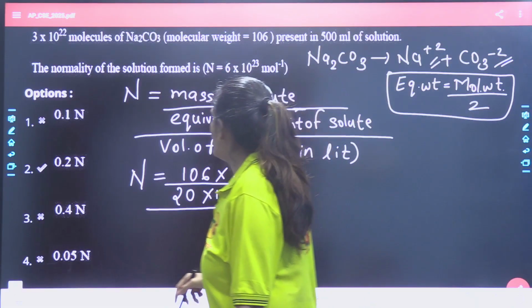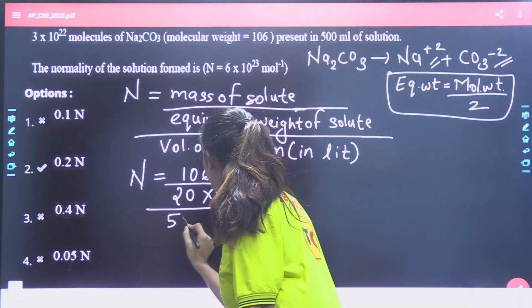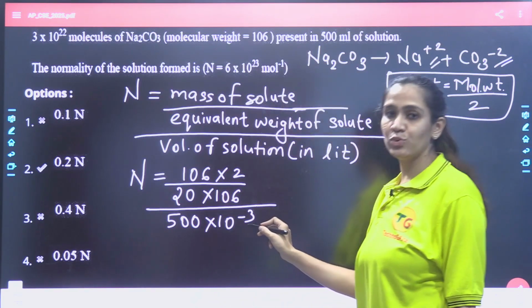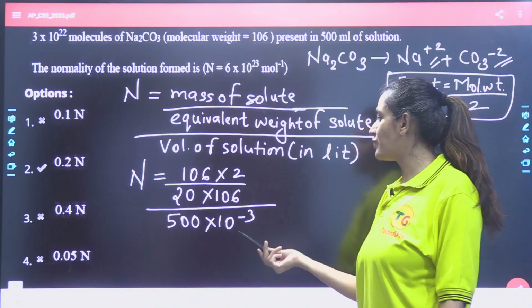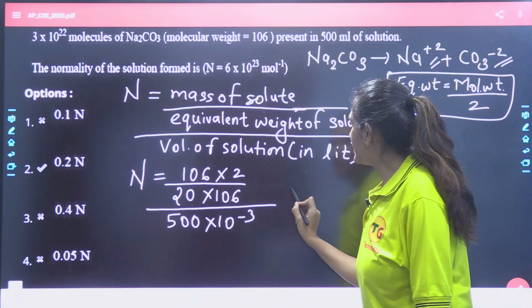The volume of solution we need in liters. We are given 500 ml, so we convert it into liters: 500 ml is 500 into 10 raised to power minus 3 liter. Now we simply solve it.